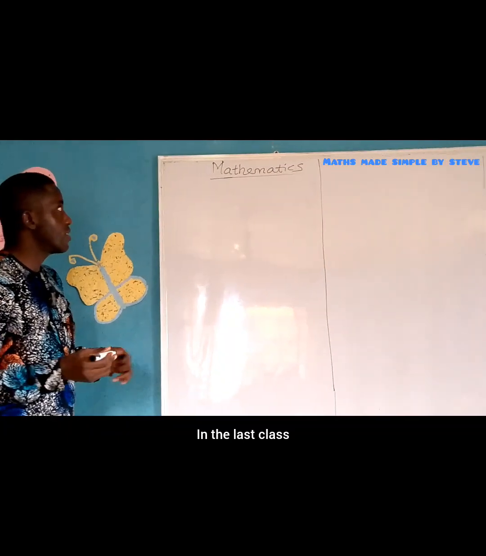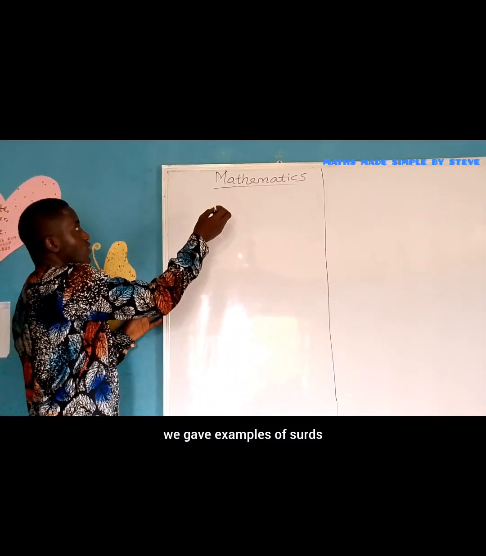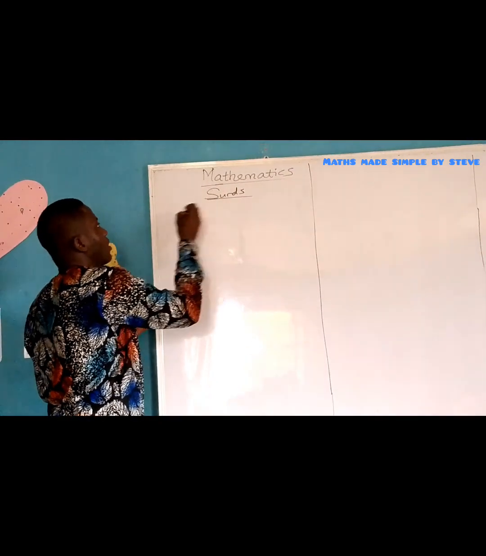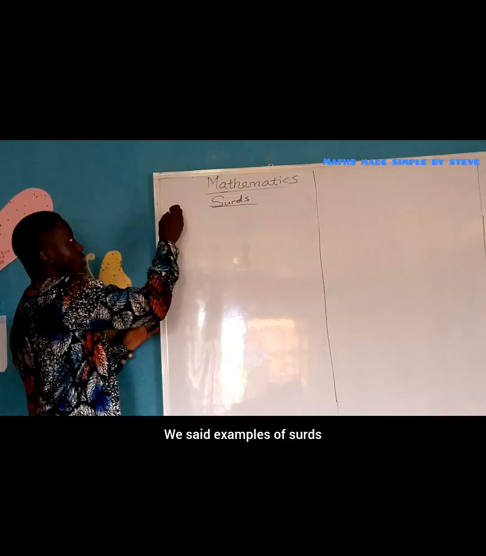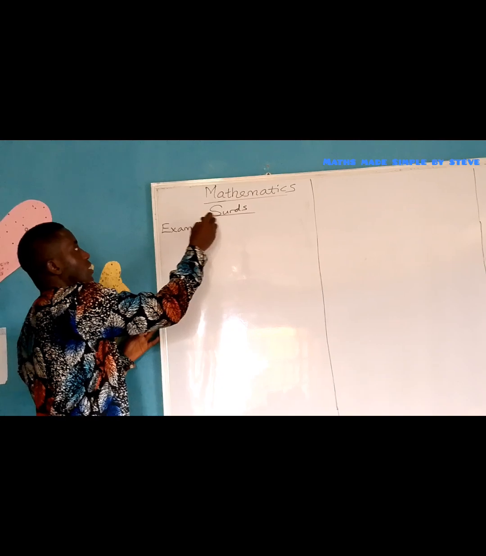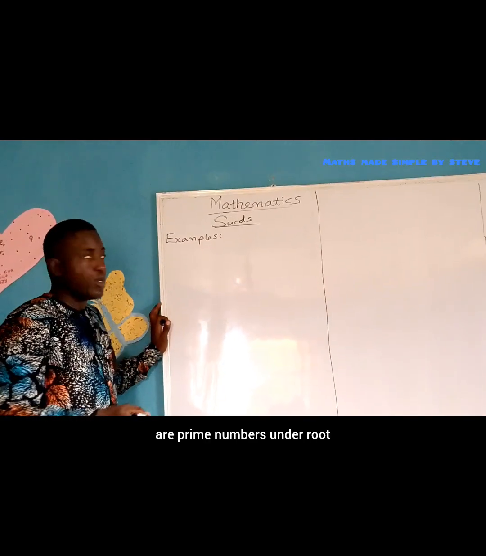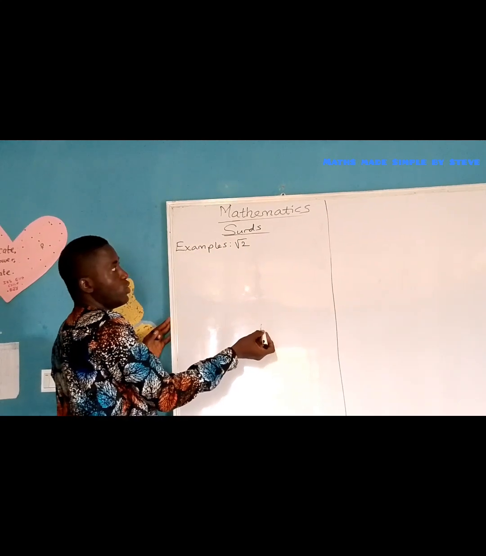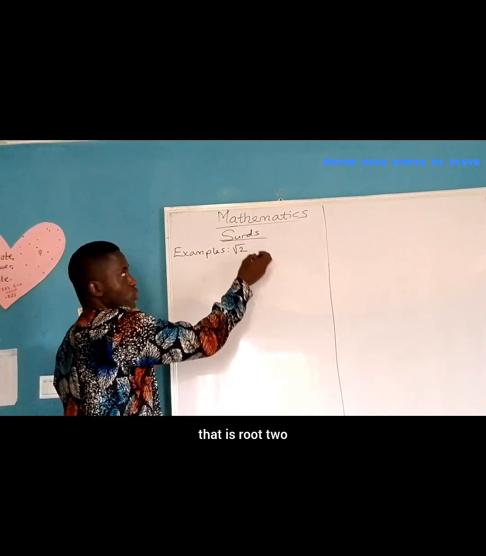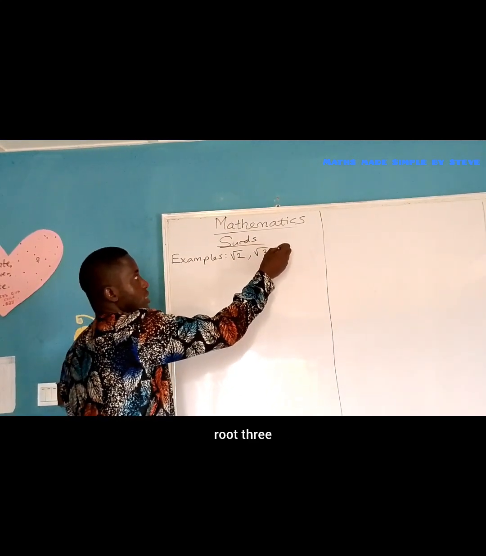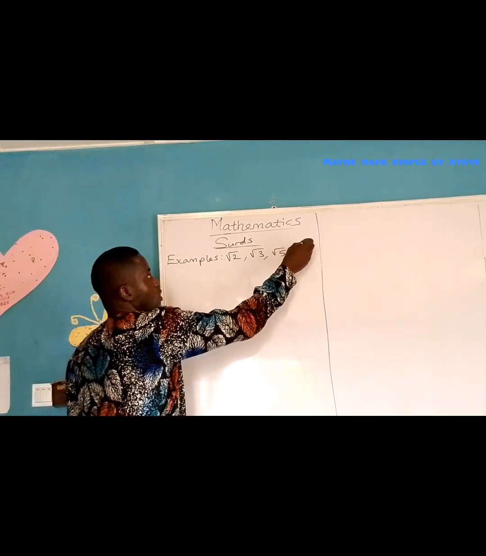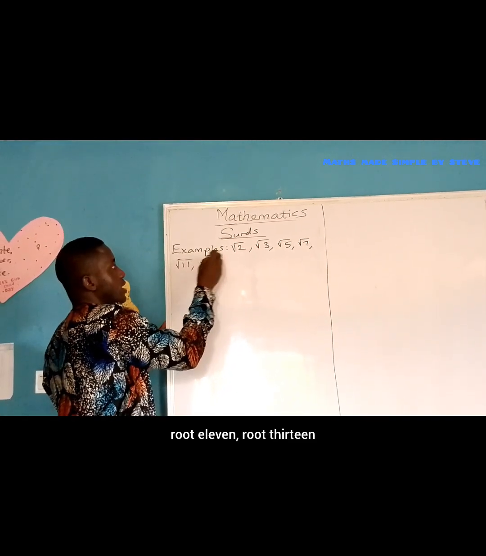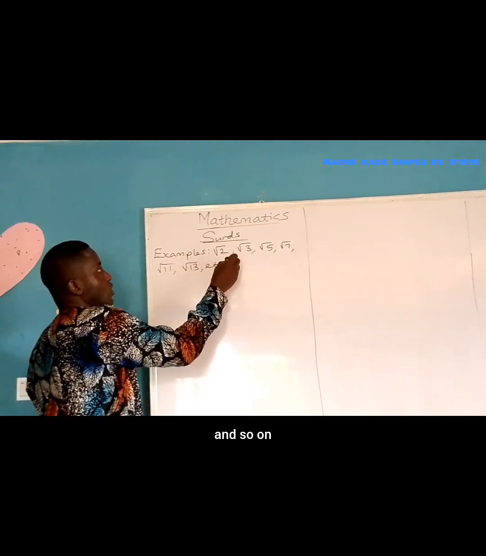In the last class, we gave examples of surds. Examples of surds are prime numbers under root, like root 2, root 3, root 5, root 7, root 11, root 13, and so on.